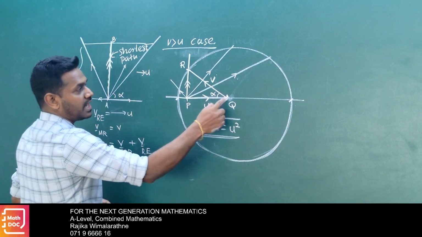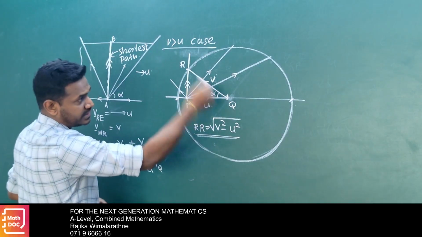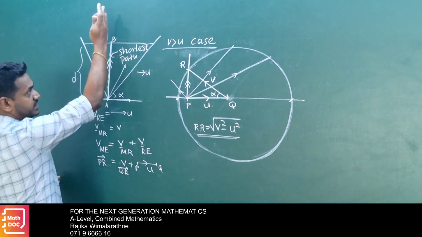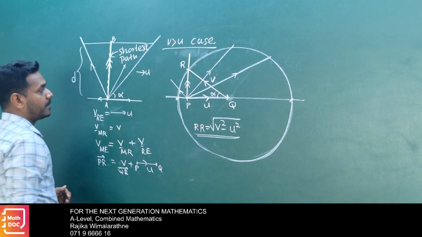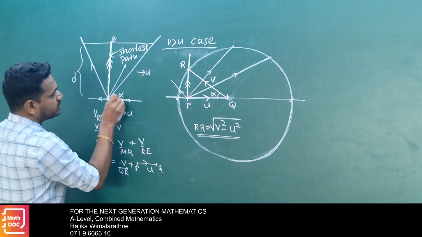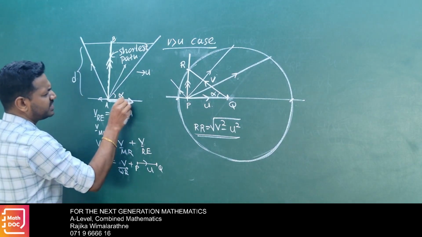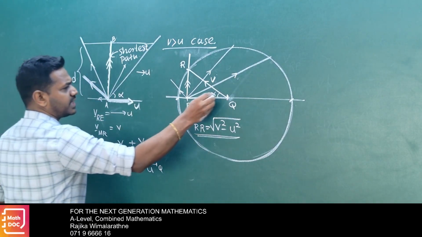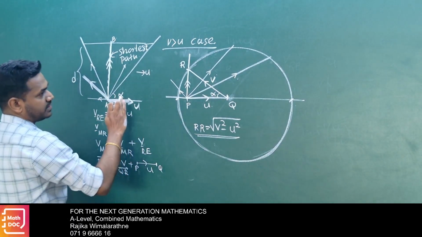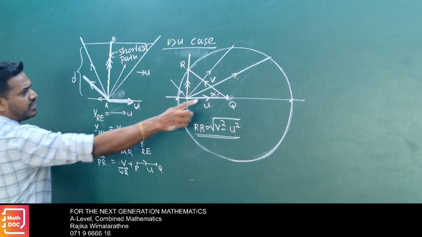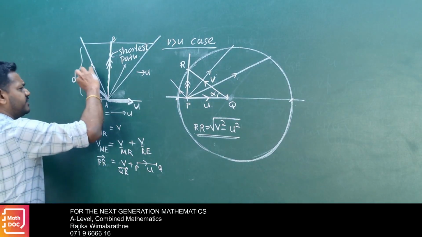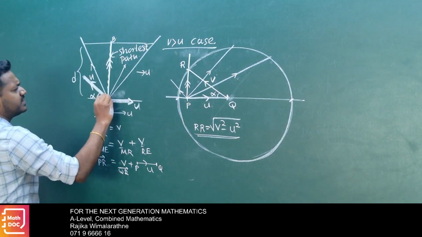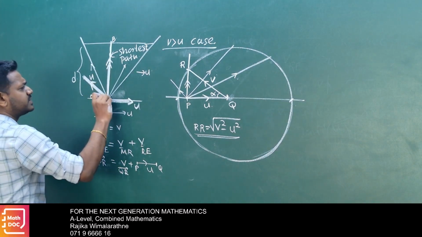He has to swim in the river this way, then with the river velocity, the resultant comes along this path. Velocity of the river is U. He moves along this path, take this angle alpha, with velocity V. This we call the resultant path.